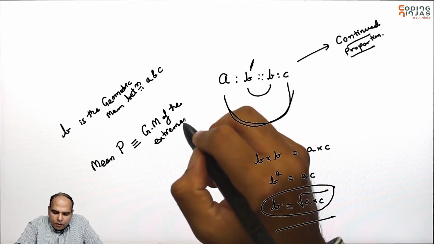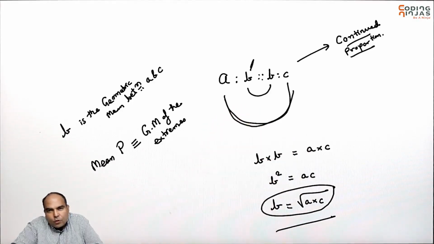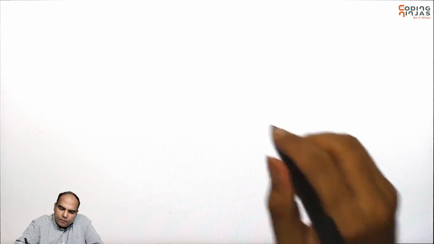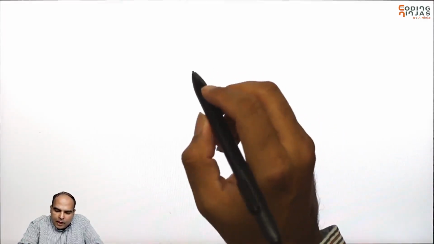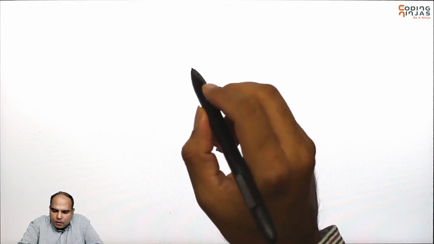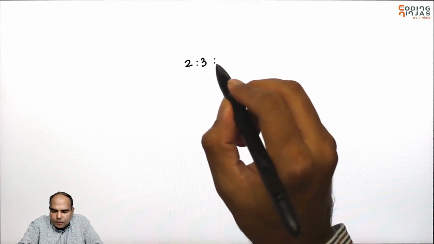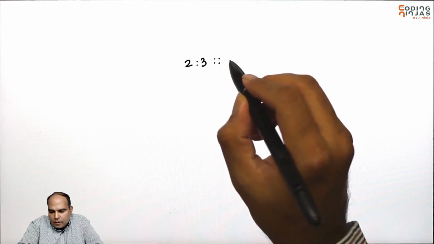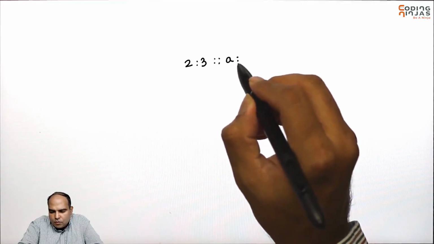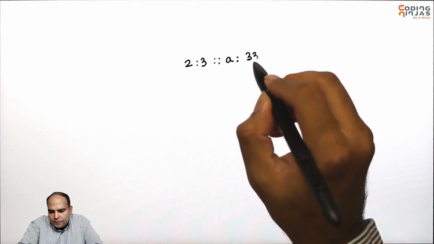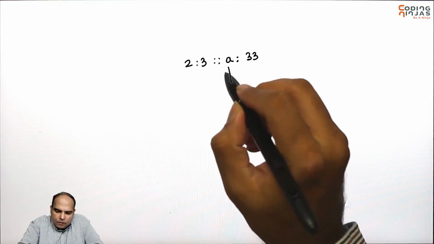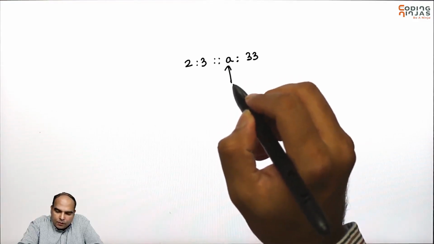Now, of course, when you talk about problems, you will not get too many problems based on proportions. Things will be very simple structures you need to understand. For example, if I tell you that I have a situation where 2 is to 3 :: A is to 33, and then I ask you what is the value of A in this scenario.